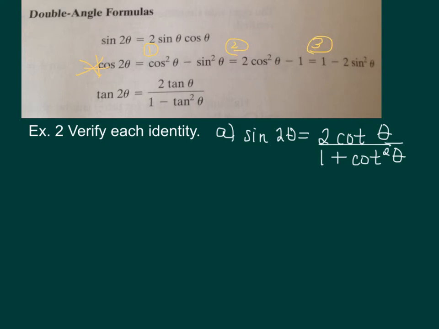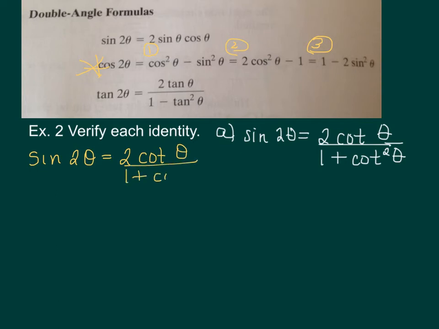All right, for example A, I'm going to use the right side to help me because it looks more complicated. So first, and there's no right or wrong way to verify it because some of you all may use different identities to help you.